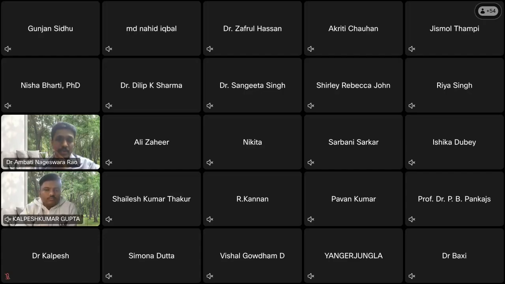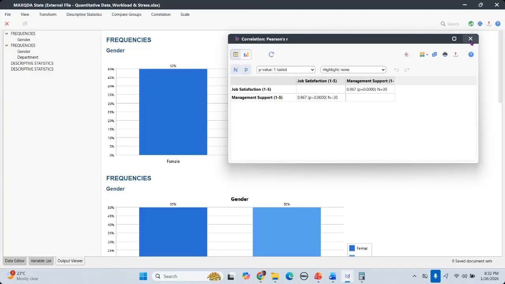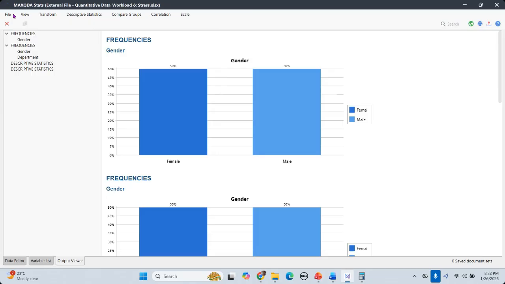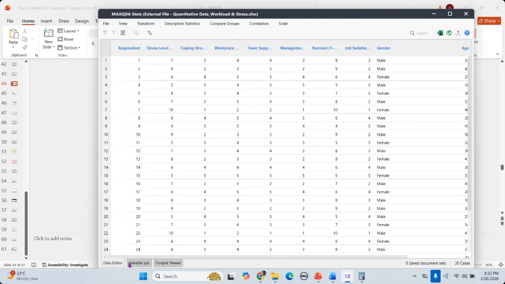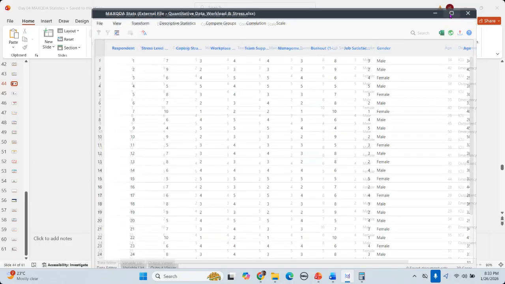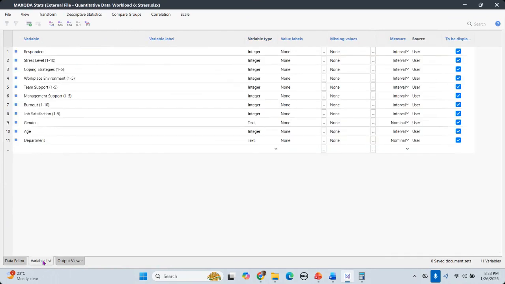I'm sharing my screen with you all. I'm just going to the data editor. If you look at the variable list, the variable window, here I'm going to type.